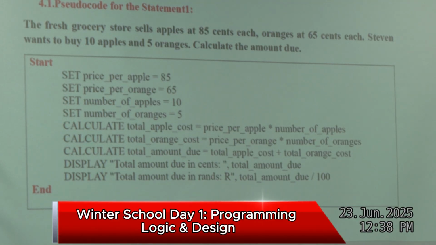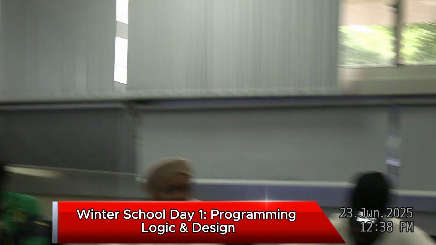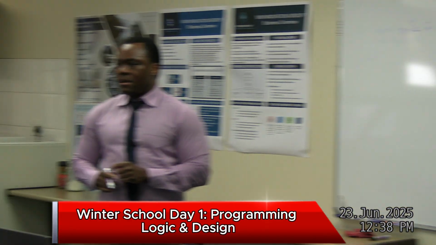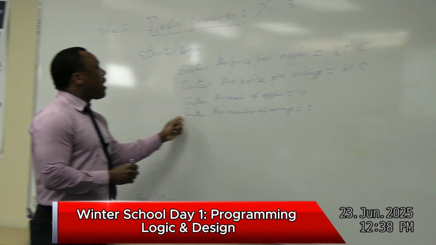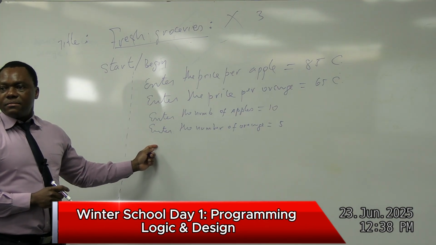Okay? I have all my inputs. Can you see that these inputs are coming from the input processing and output? That's correct? Now, I'll be moving into my processing.